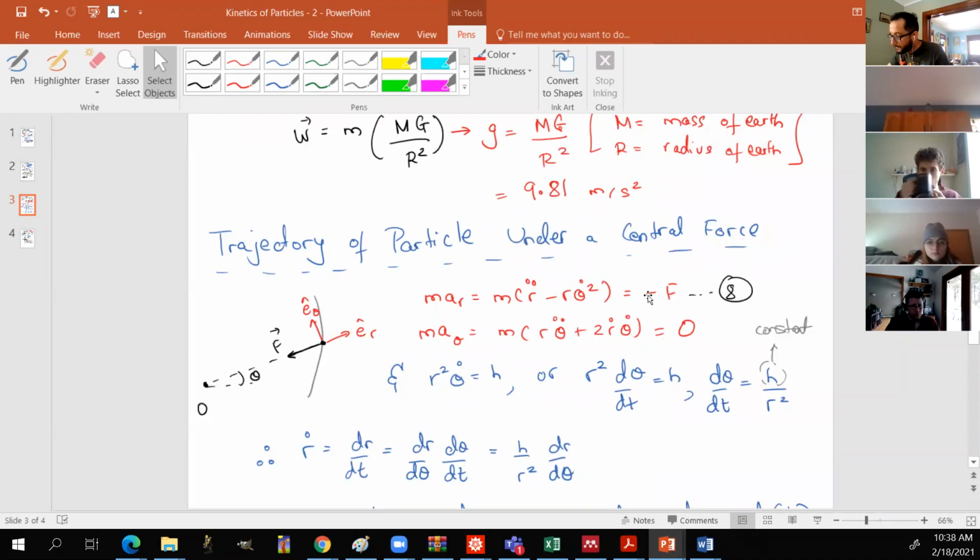Because that's the only one that's relating my central force to the terms inside. I know R, I know theta dot, so I just need to find what R double dot is.